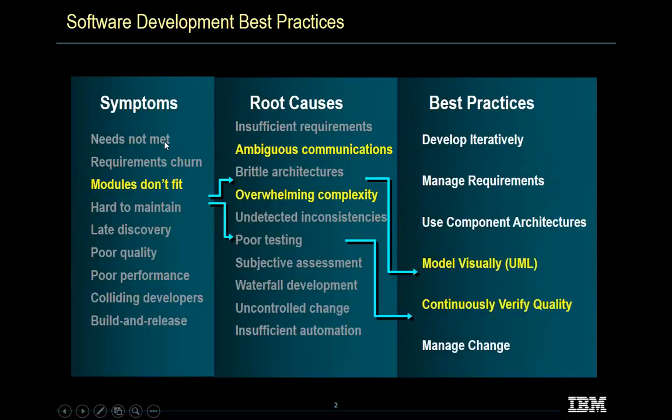So if you look here: symptoms, root cause, best practices. Symptoms, as we know, is what we are observing. Root cause talks about what is behind what we are observing. And then, what are the software development best practices to accomplish that?